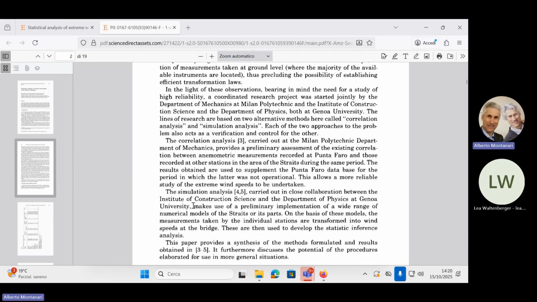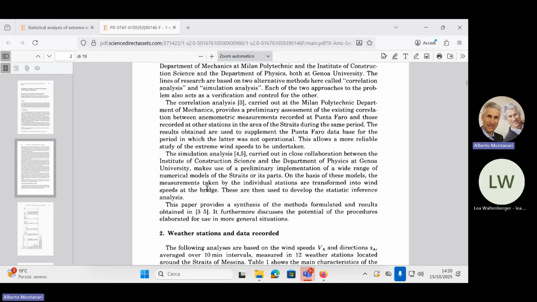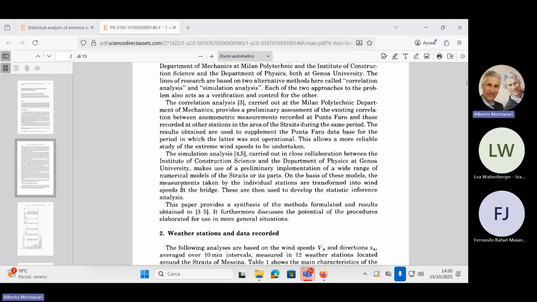The simulation analysis, which was carried out by, blah, blah, blah, makes use of a preliminary implementation of a wide range of numerical models of the Strait or its parts. On the basis of these models, the measurements taken by the individual stations are transformed into wind speed at the bridge. So there is no consideration of Punta Faro.